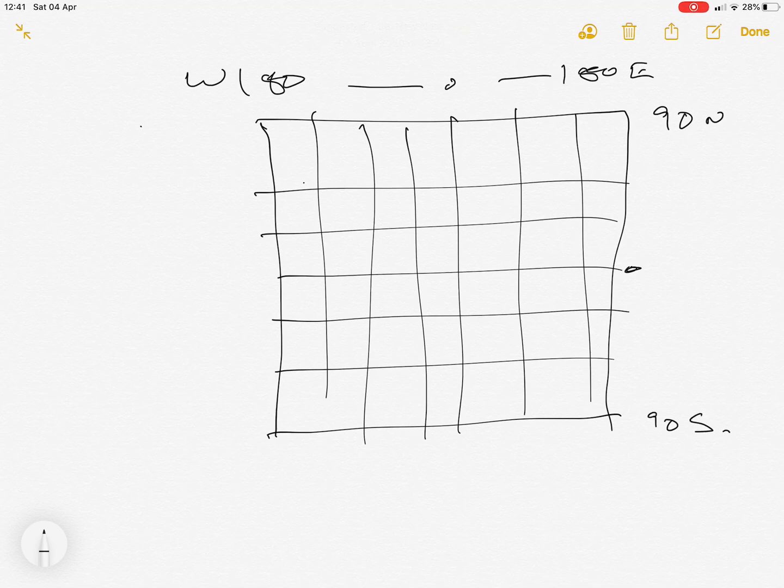So if somebody tells me they are at this position over here, and that position happens to be, say, 18 degrees south, and let's make it 15 degrees east, I can take those coordinates and plot them straight on that little mark over there. The next person may tell me, well, I'm on exactly the same longitude line.